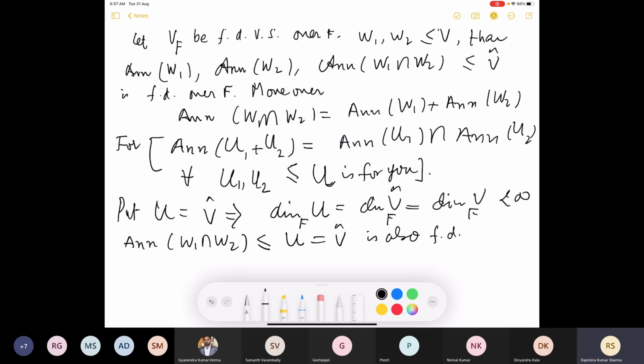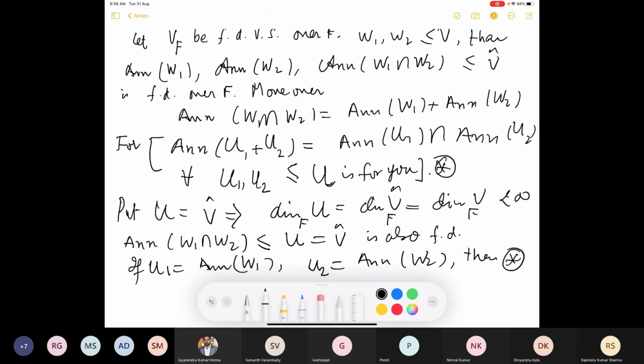Now U1 plus say U2, if you put U as the annihilator in V hat, call this U1 as the annihilator of W1, and U2 as the annihilator of W2, then this result will give you this.